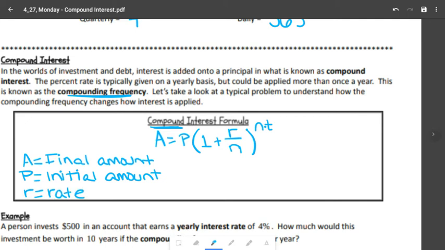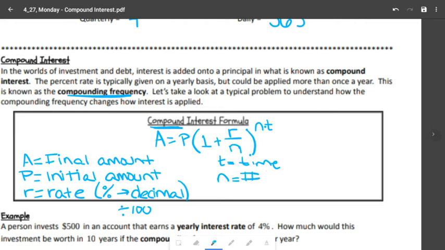Now with the rate, again, we want to take a percent and convert it to a decimal, just like we did last week. And to do that, we divide by 100 or move the decimal 2 places to the left on our own. T is the time, so all of this is the same as last week, if you remember. And we just have this new variable n now.